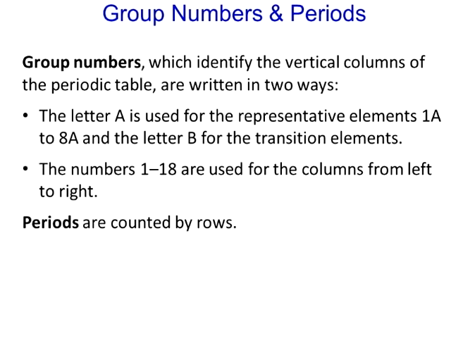Let's talk about the group numbers and periods. Group numbers, which identify the vertical columns of the periodic table, are written in 2 ways. There are 2 methods that they're written. One involves using alphabets. The letter A is used to represent elements 1A to 8A.